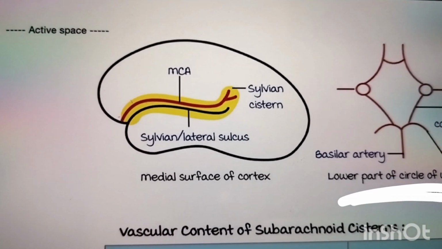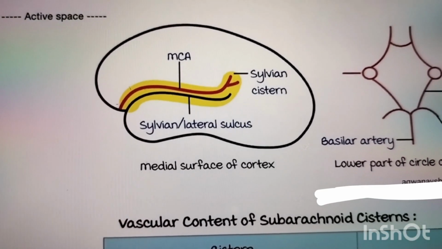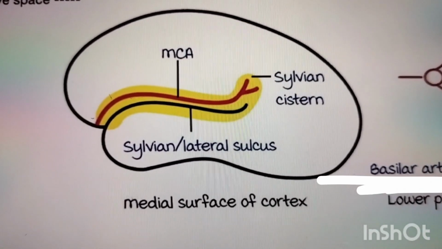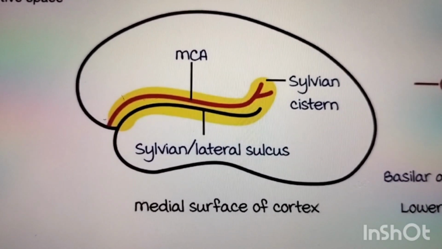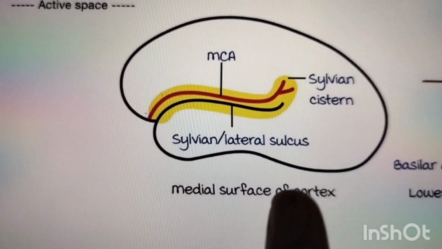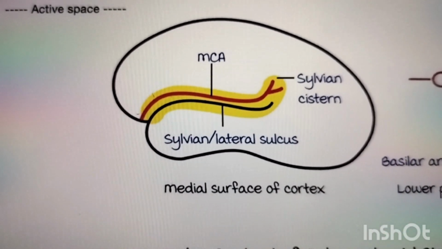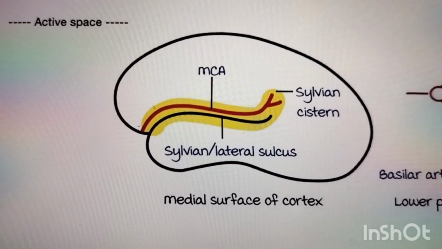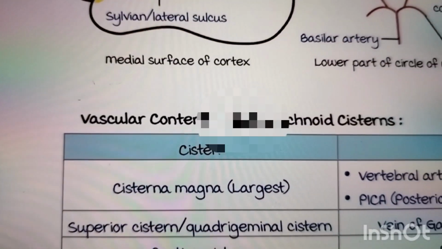One cistern which is left is the Sylvian cistern, which is present along the Sylvian sulcus or lateral sulcus, and the artery present in the sulcus, the content of this cistern, is the middle cerebral artery.